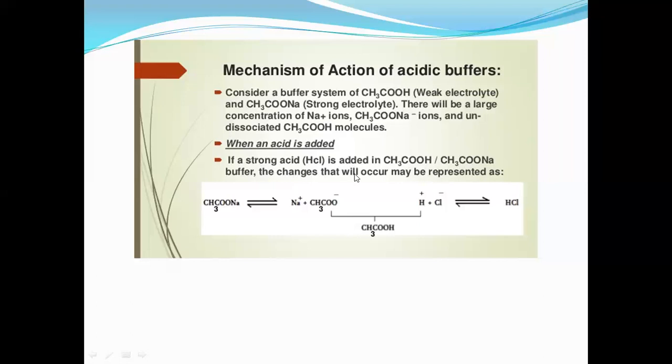The changes that will occur are represented as follows: this salt dissociates into its components, and when a small amount of HCl is added, this compound is formed.